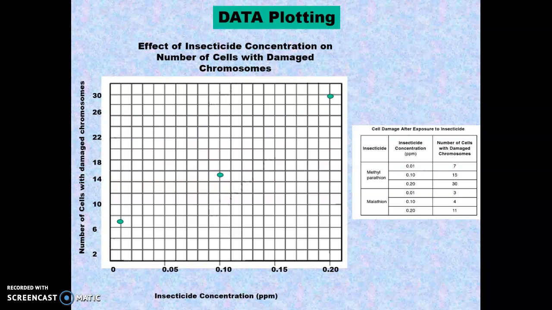When you're doing your line of best fit, do not just connect the dots. We want to draw a line that's going to go through the majority of our points. Also, make sure that your line stays within the boundaries of our graph.